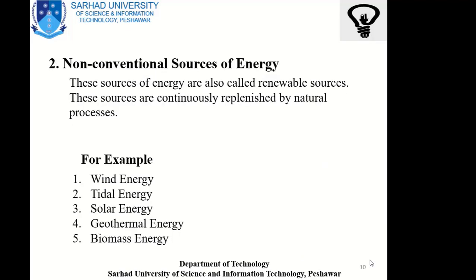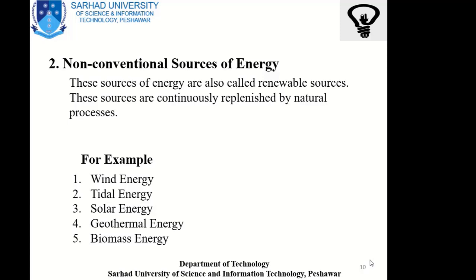Okay, the second one now comes to the non-conventional sources of energy, which are also known as the renewable sources of energy. Renewable energy flows involve natural phenomena such as sunlight, wind, tides, plant growth and geothermal heat.